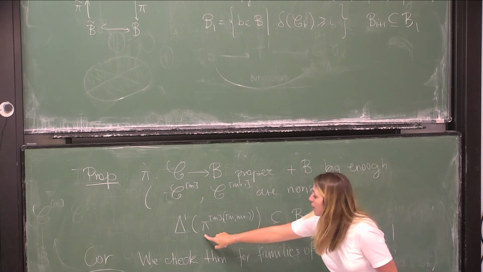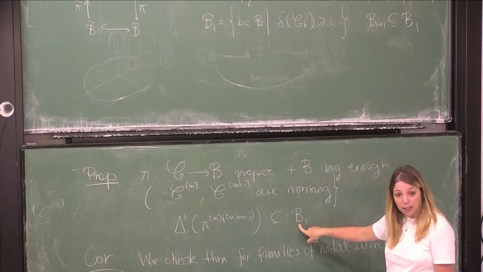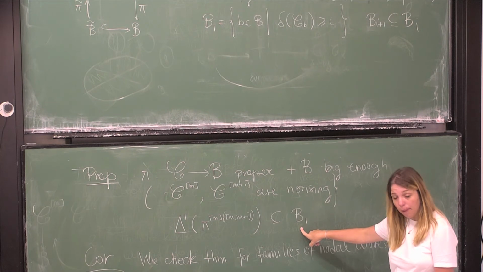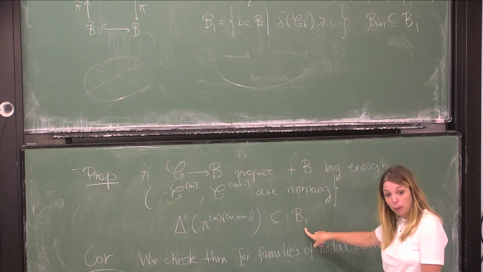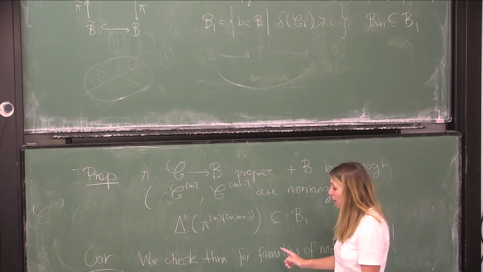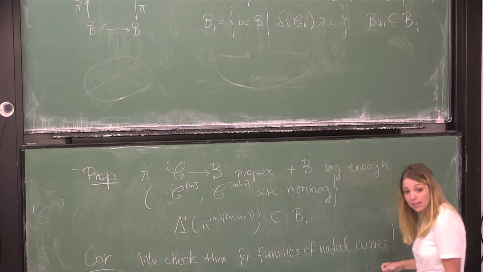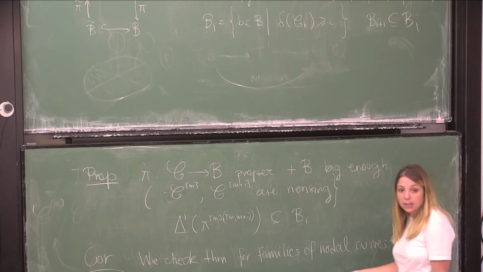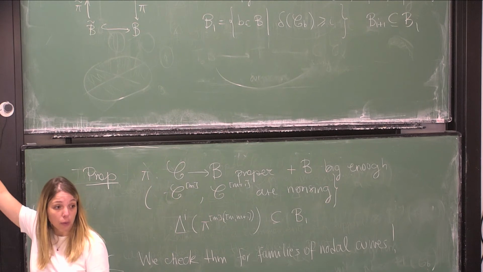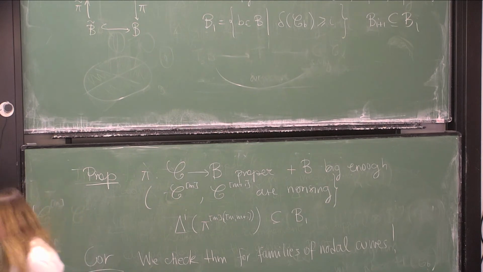Now, the higher discriminant will be contained here. The generic point of this guy is a nodal curve, of cogenus equal to i. So now we can always restrict to the case when we just need to do the checks at nodal curves. This amounts to saying that we can just prove our support theorem for a family of nodal curves.